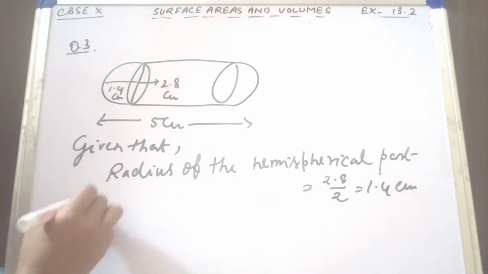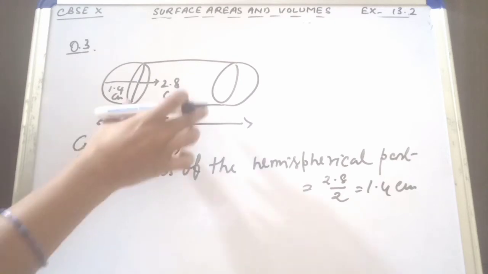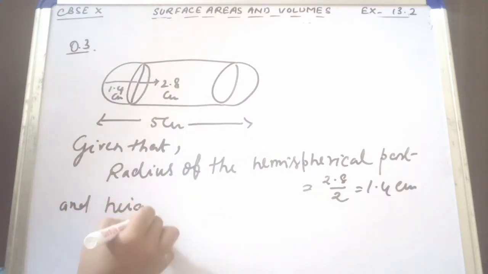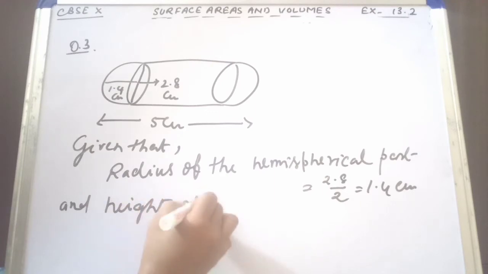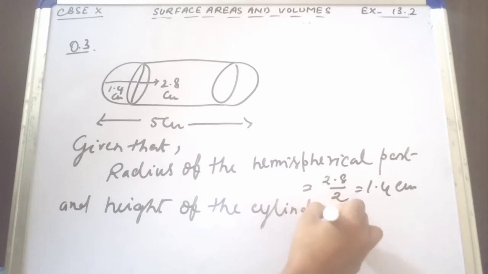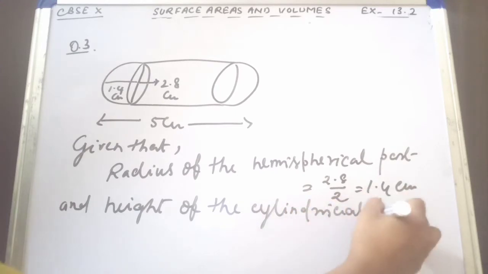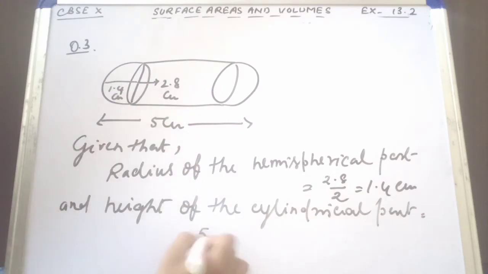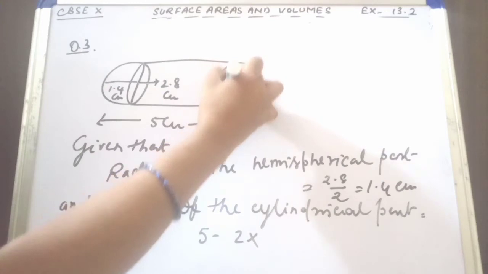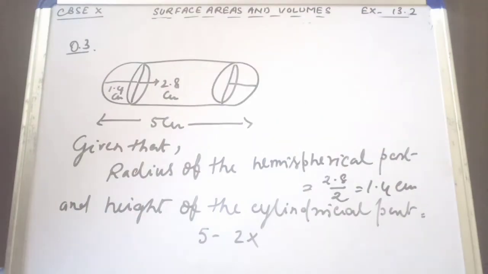And the height of this cylindrical part is equal to total length of the pipe minus 2 times 1.4.